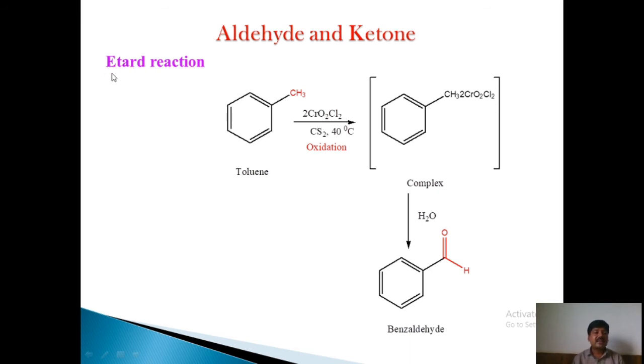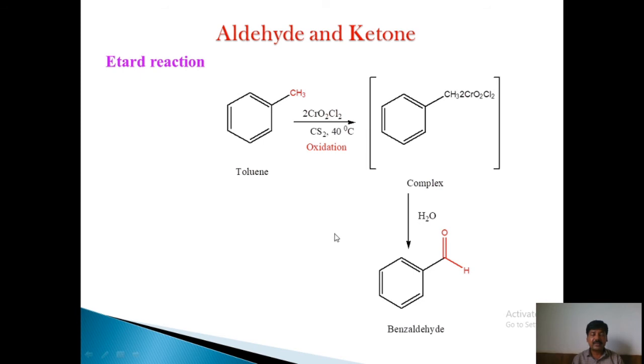So, in the oxidation of toluene with chromyl chloride in the presence of carbon disulfide as a solvent at 40 degrees Celsius, this complex is formed. After that, this complex reacts with water to produce our target compound, that is benzaldehyde.